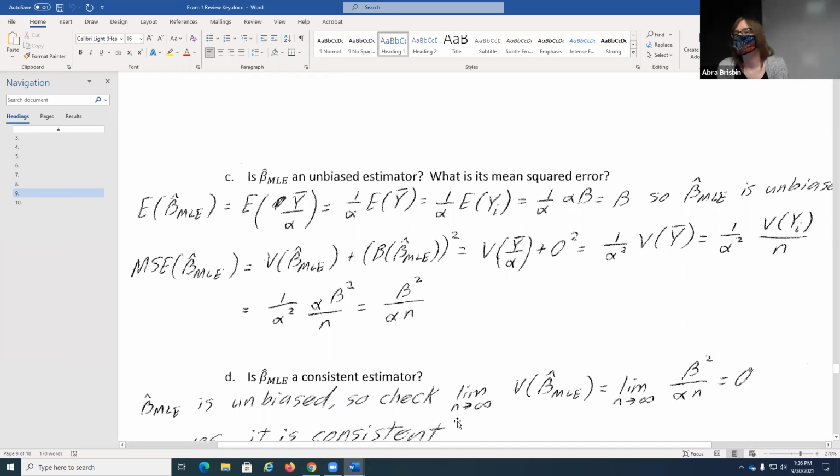Other questions about the practice exam or other material we've covered so far this semester? Maria: Can we go through the maximum likelihood estimator for 10? For number 10, yeah.